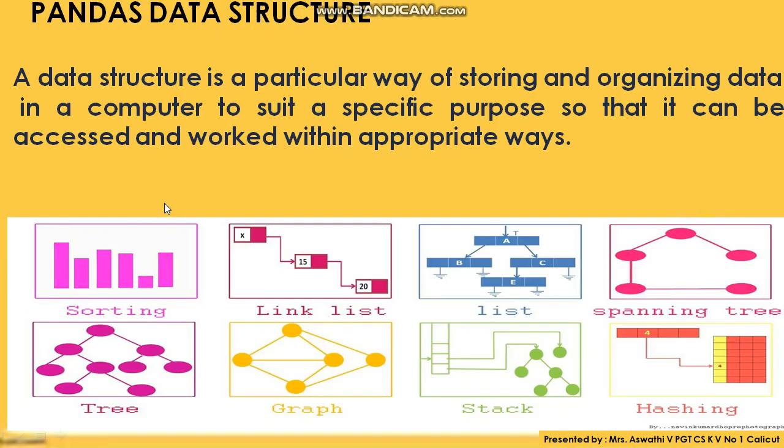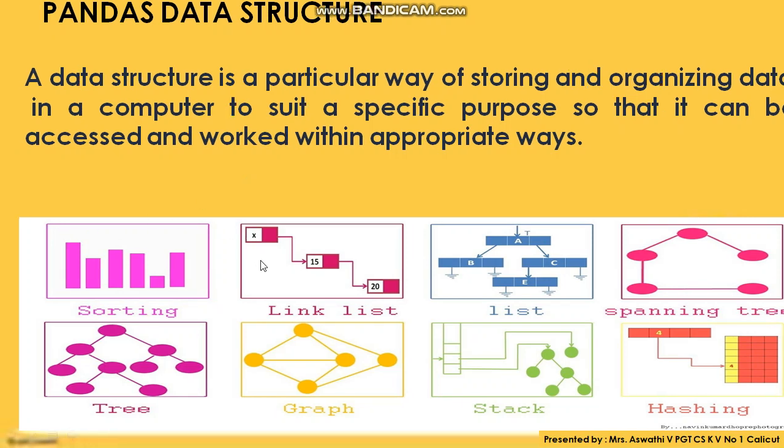Now first what we are going to learn is the Pandas data structure. A data structure is a particular way of storing and organizing data in a computer to suit a specific purpose, so that it can be accessed and worked with in appropriate ways. Just understand that it is a way of arranging or keeping the data inside the memory. See this example, different data structures are given here.